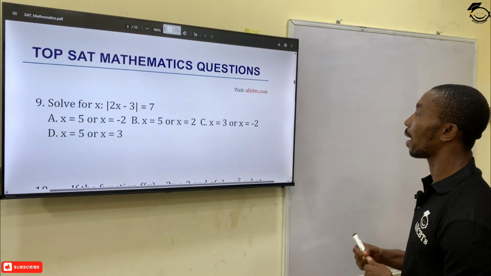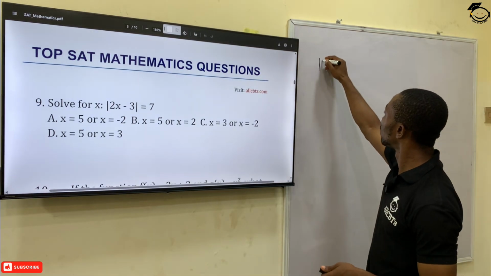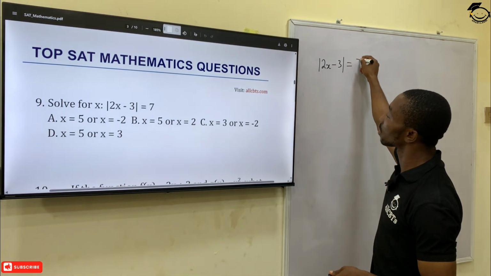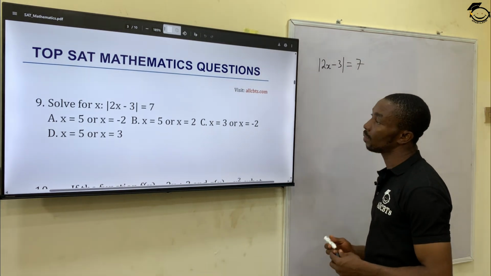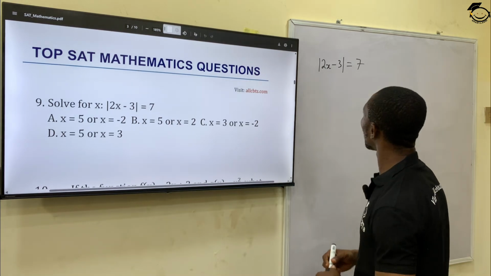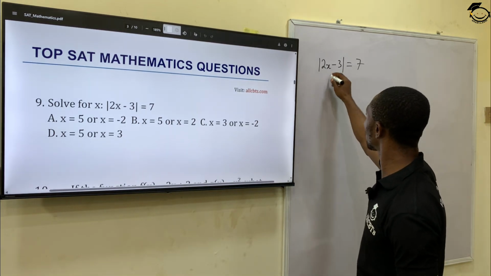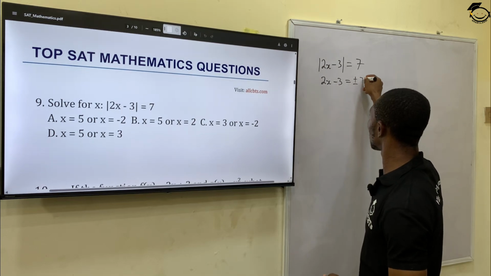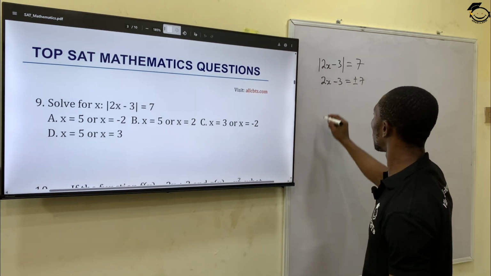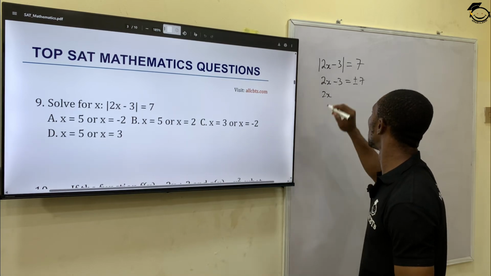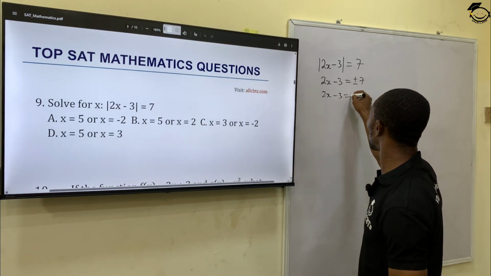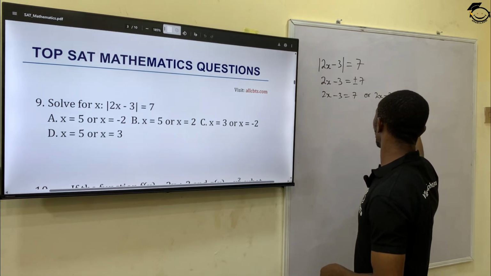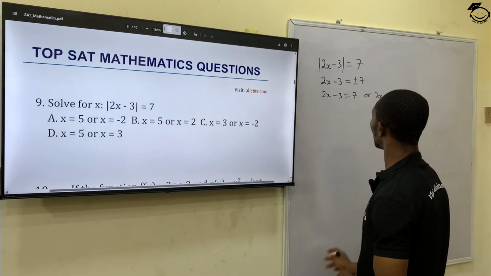Solve for x in |2x minus 3| equals 7. Okay, now in doing this, we are going to open up this to become 2x minus 3 equals plus or minus 7. So this becomes 2x minus 3 equals 7, or 2x minus 3 equals minus 7.